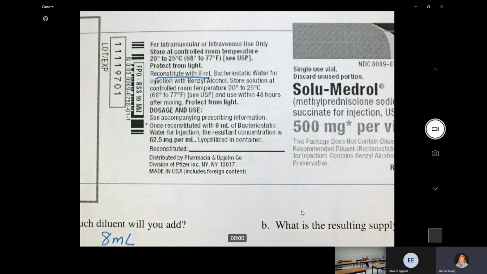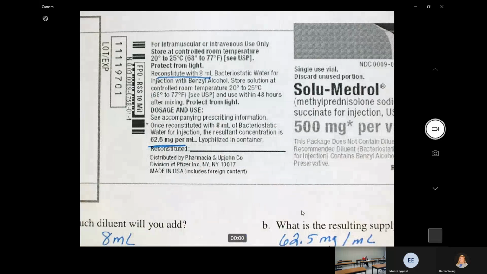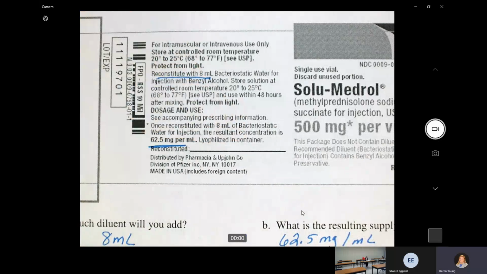So what is my supply dosage? 62.5 milligrams per milliliter, and it's right here. And when you're reconstituting something, you've got to put a label on the bottle when you reconstitute it. And that's in the reading in chapter 12.